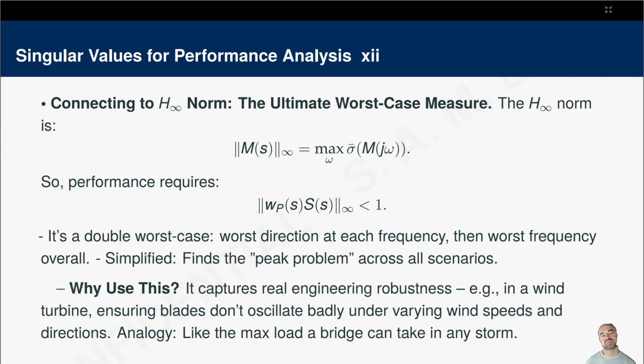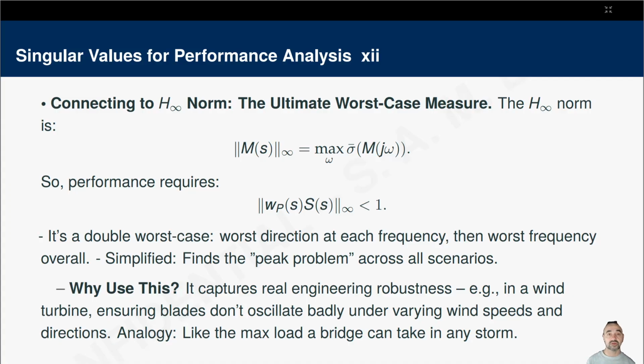So what else? Just one more thing. Let me think about it. So let me explain this simply. The H infinity is a two-layer worst case, meaning that we choose worst direction at each frequency. That's singular value.